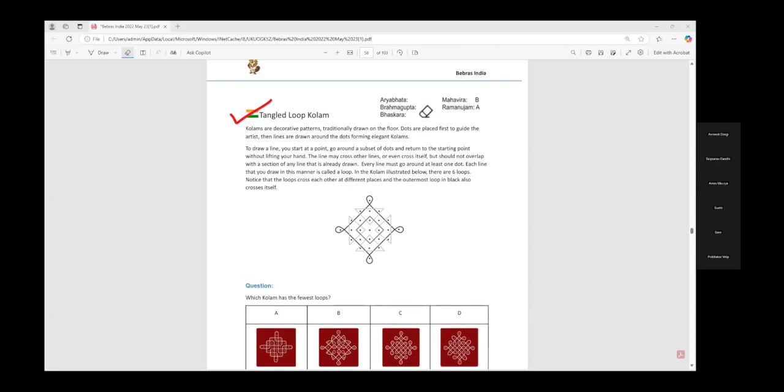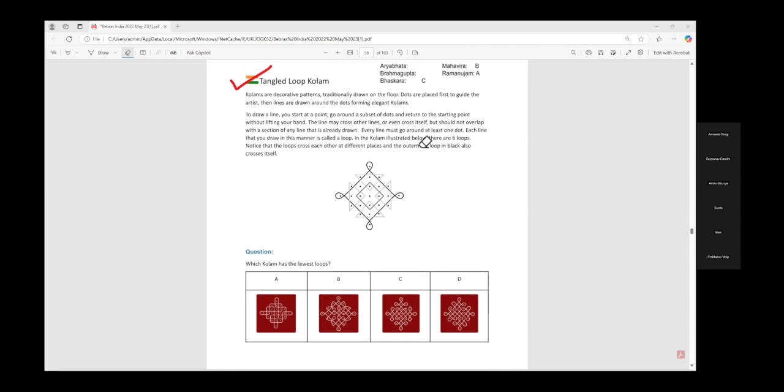Okay, before I start solving it, is there anyone who would like to solve it for us first? Okay, I guess I'll solve it.